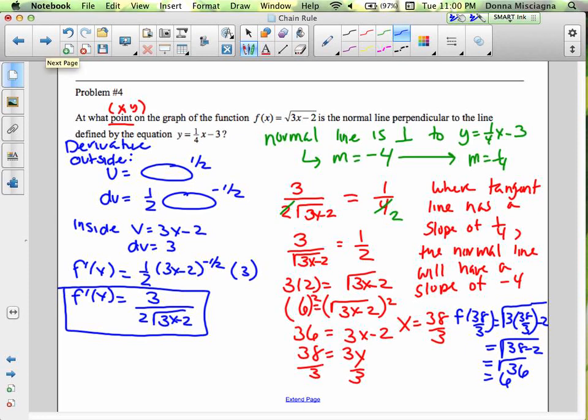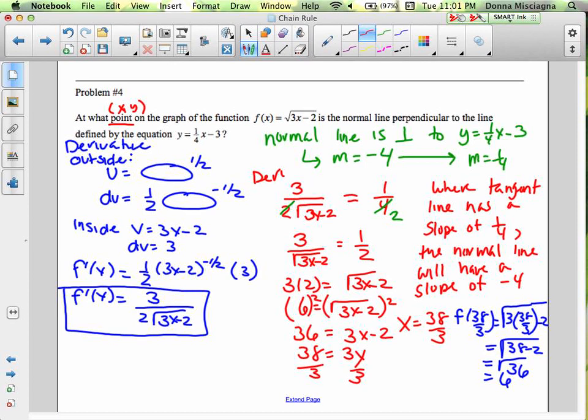All right, so hopefully you could follow all of this. Step number 1, we found the derivative, because that's the one thing we can find. Step number 2, if the normal line is going to be -4, the tangent line's got to have a slope of 1/4. We set our derivative equal to the slope, because we're solving for when that slope is 1/4.